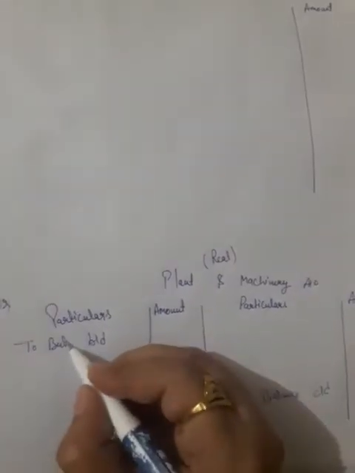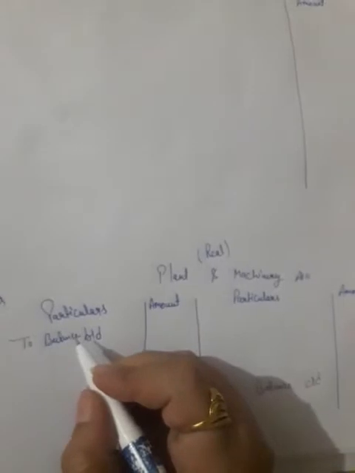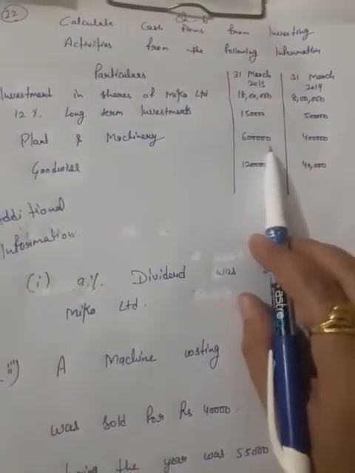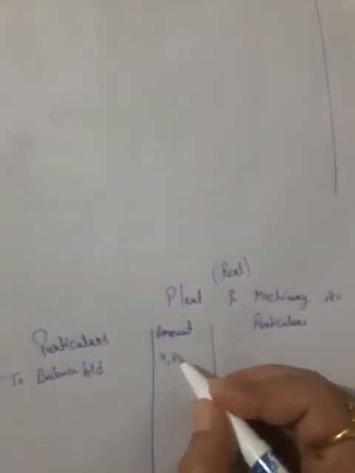The opening balance of plant and machinery is given in the statement as 4 lakh, and the closing balance is 6 lakh.